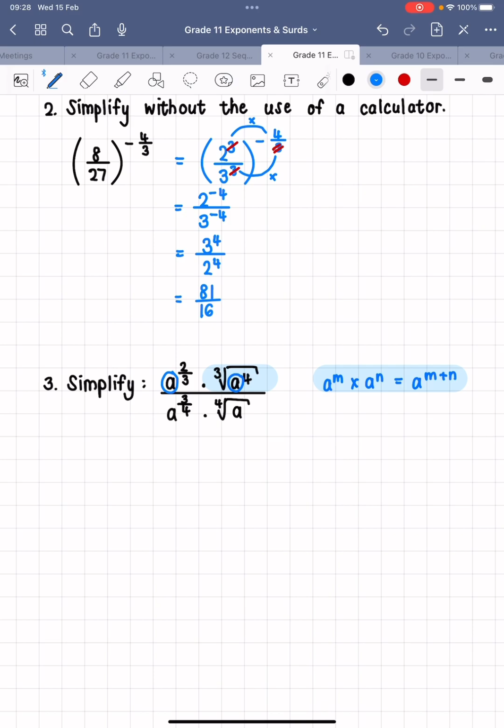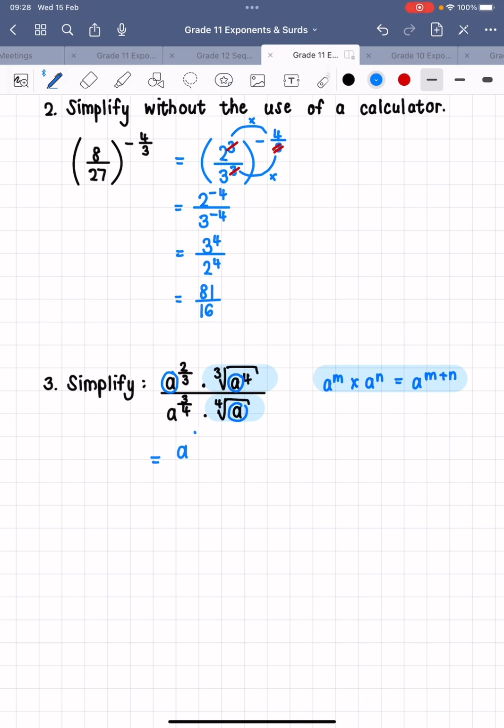The same thing happens at the bottom of this fraction. We again have two bases of a, but the surd there is written in surd form, not in exponential form. So our first step is to rewrite both of those surds in exponential form, and they are going to have rational exponents. The exponents are going to be fractions.